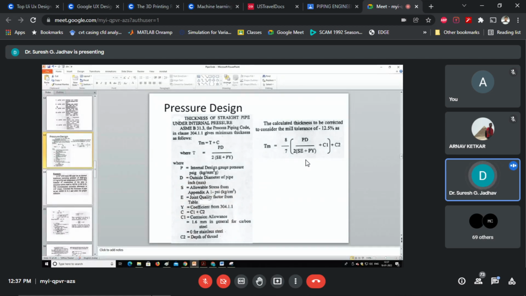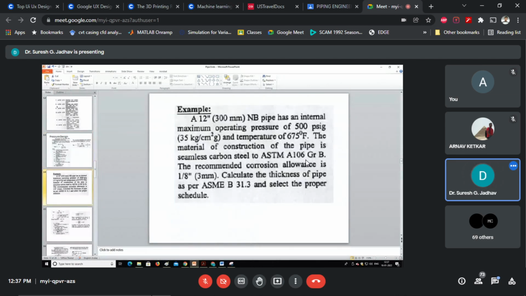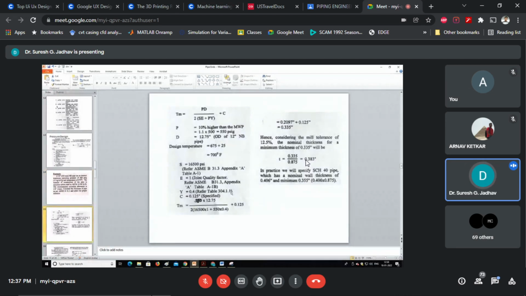Here the recommended corrosion allowance is 1/8 inch, and the material used for this pipe is seamless carbon steel, ASTM A106 Grade B, and we consider 0.125 as specified.